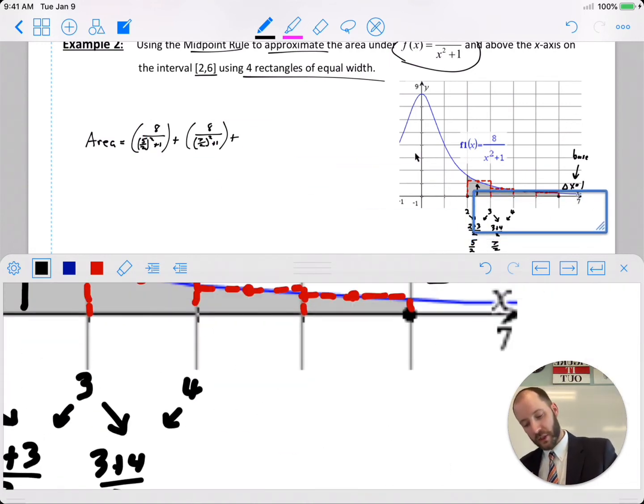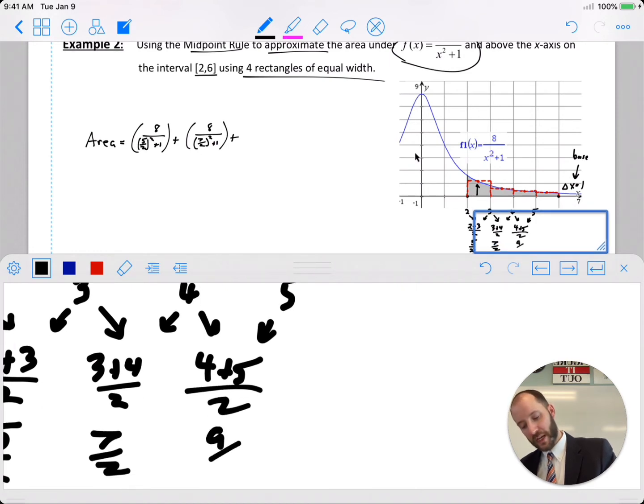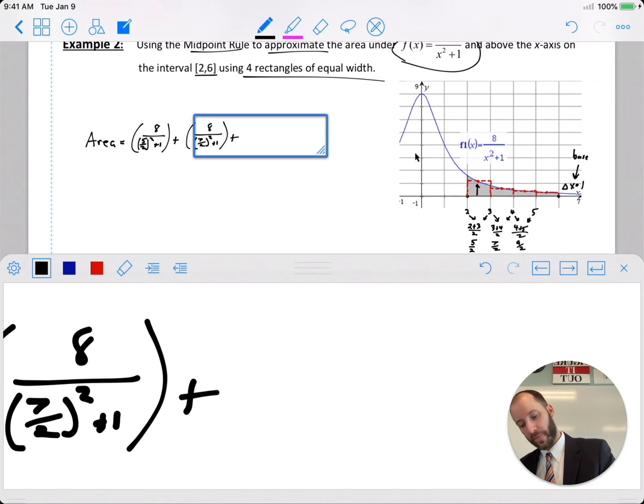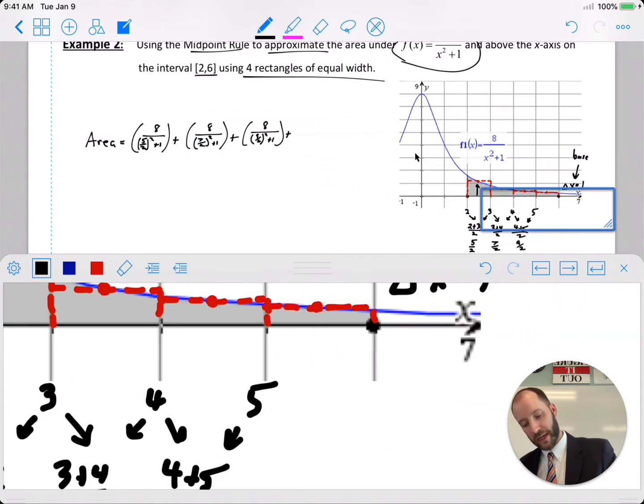Now we need the third from 4 to 5. So 4 plus 5 over 2, more commonly known as 9 halves. So our third rectangle, 8 over 9 halves squared plus 1. And now our fourth rectangle from 5 to 6.